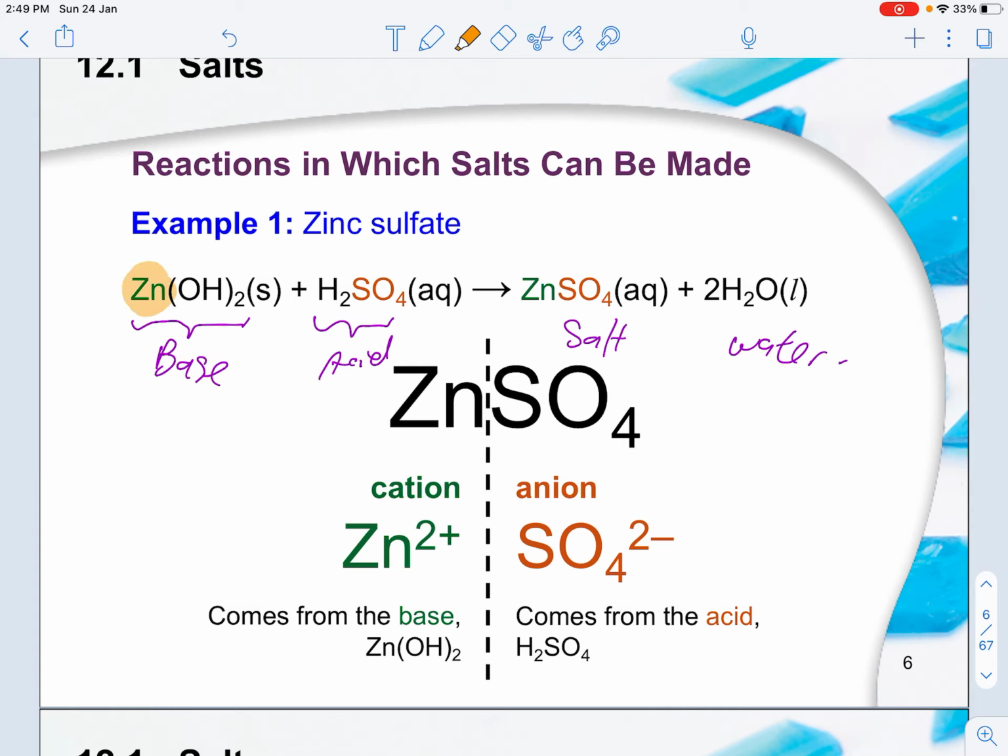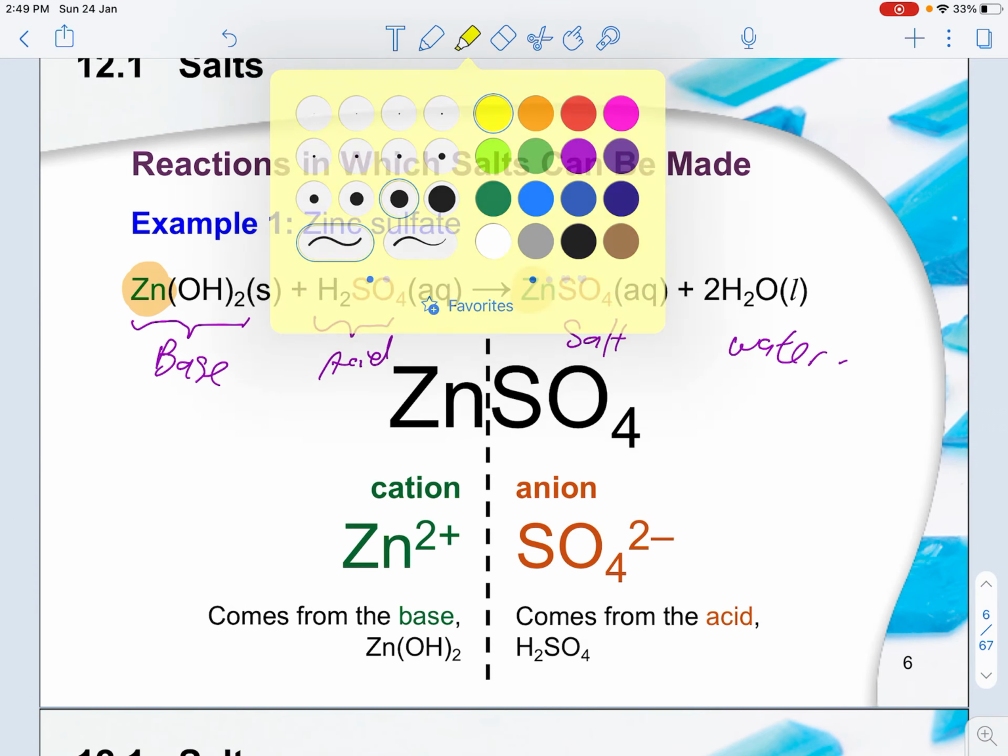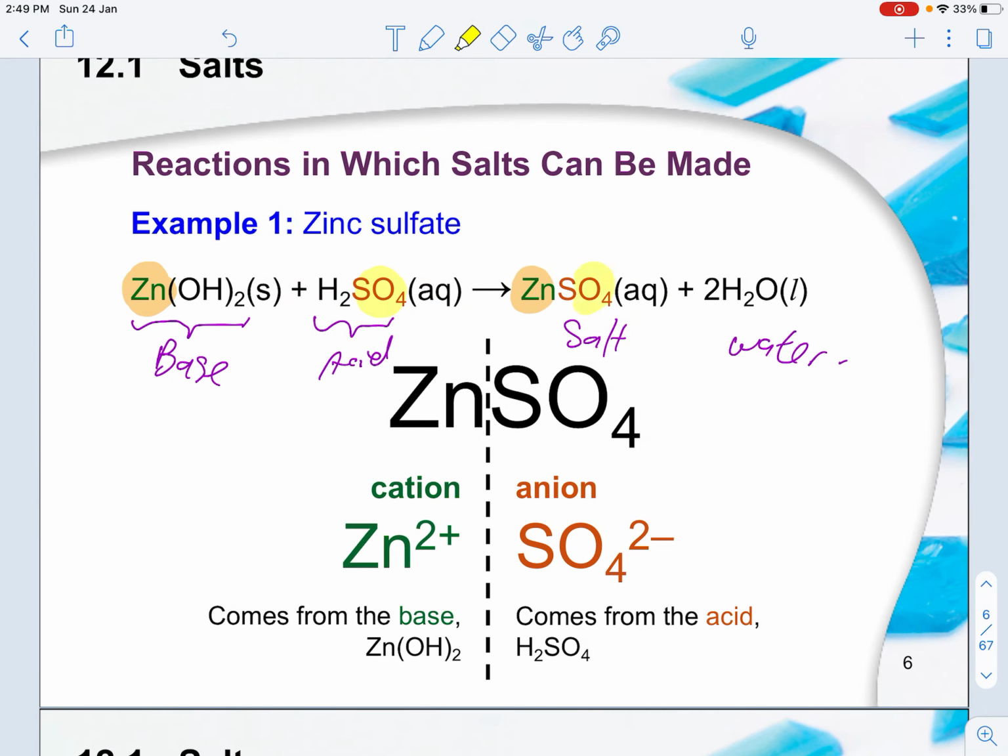So you will find that the cation tends to form here, whereas the anion comes from the acid, and together you are able to form a salt. This is what we call the salt zinc sulfate, ZnSO4.